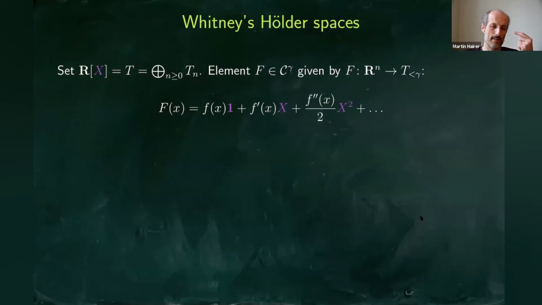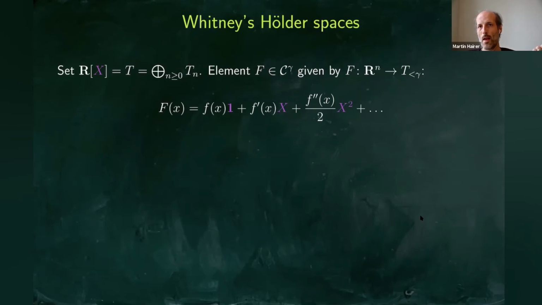And so what I want to do now, the usual perspective is to say, I'm given a function, say a function from R to R, and then what does it mean for the function to be C gamma? Well, it means that it has a Taylor expansion up to order gamma.